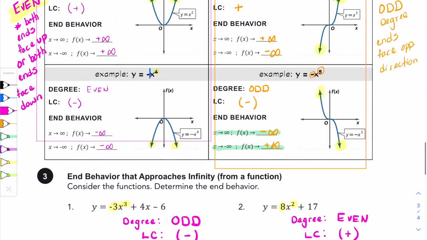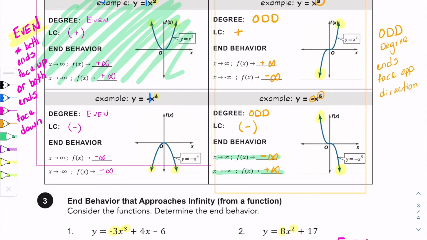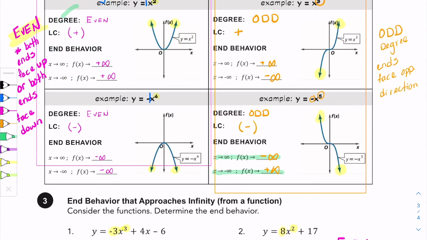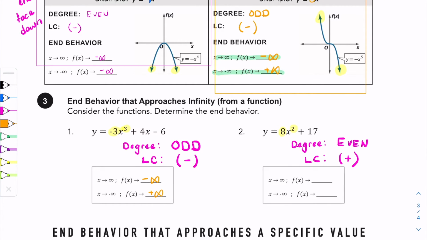We look at our table above. Where is the degree even and the leading coefficient is positive? That would be this category I just highlighted. And in this category, as x approaches positive, the function approaches positive infinity. And as x approaches negative, the function approaches positive infinity. We'll fill our answer in with both ends heading towards positive infinity. And that's it.